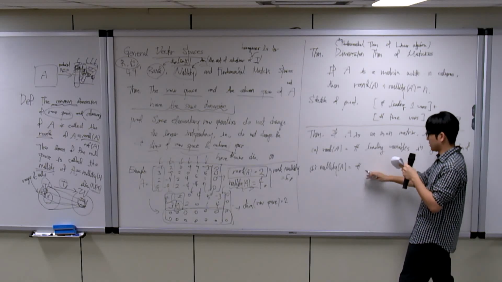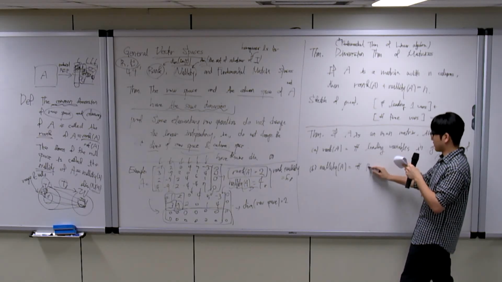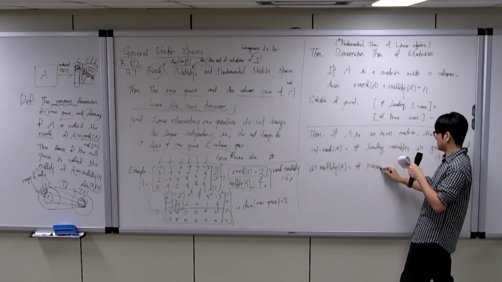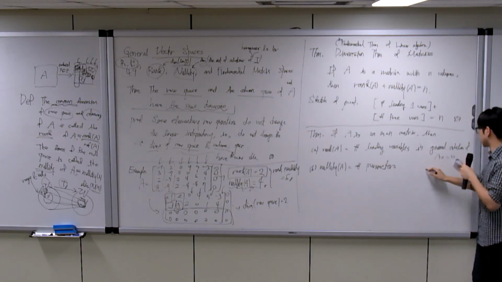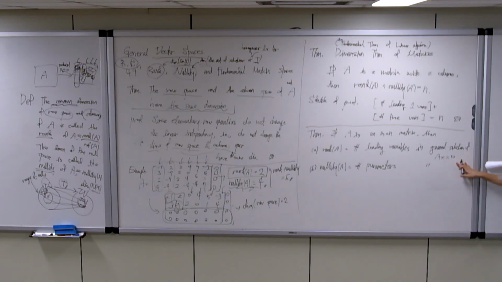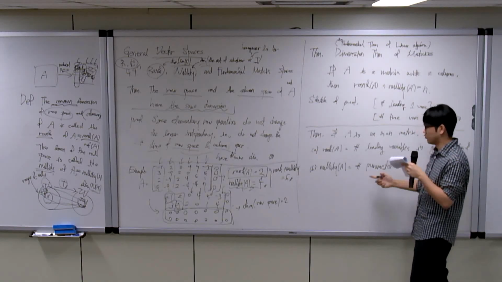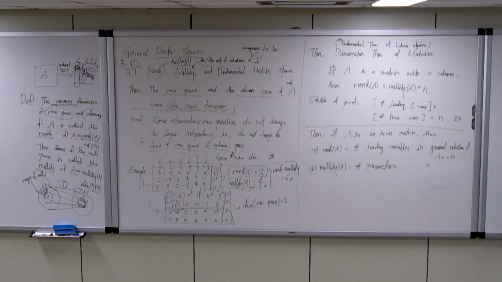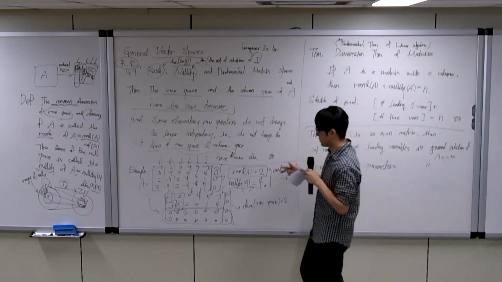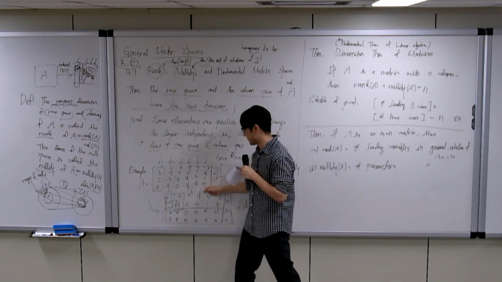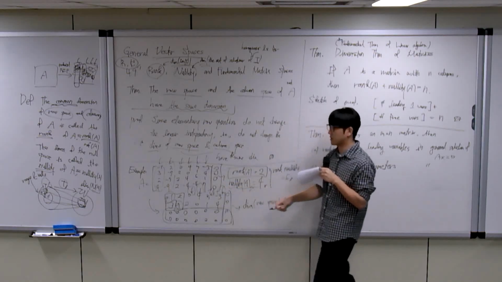So it means the number of parameters in the general solution of this homogeneous linear equation will be the nullity of A, because when we calculate the nullity, we counted the free variables as the parameters.